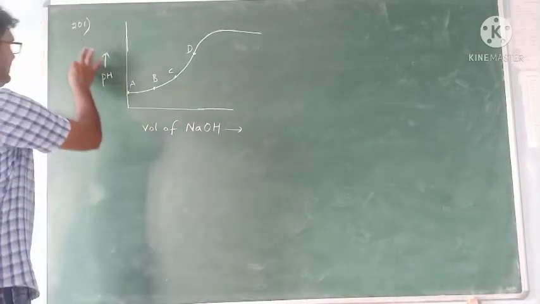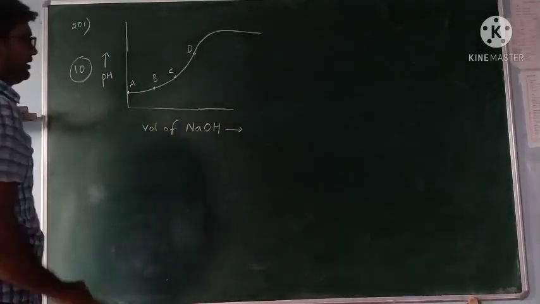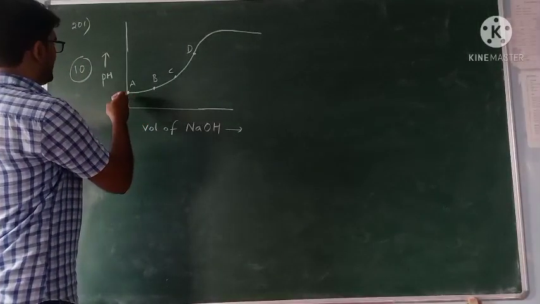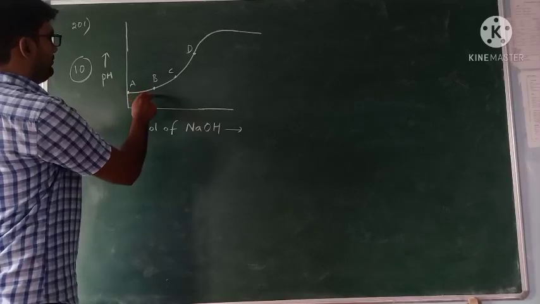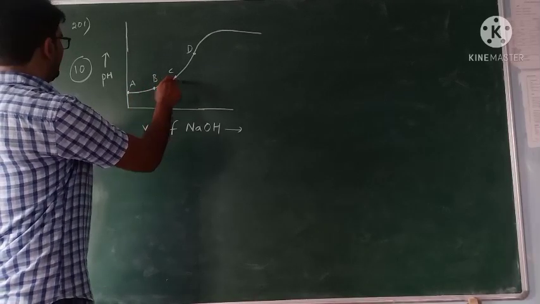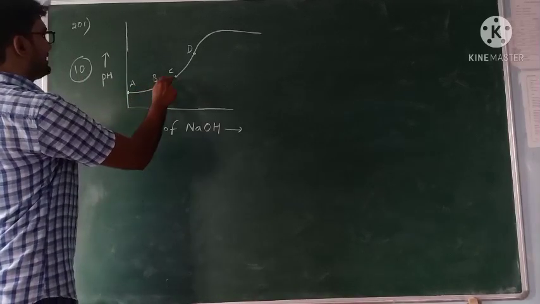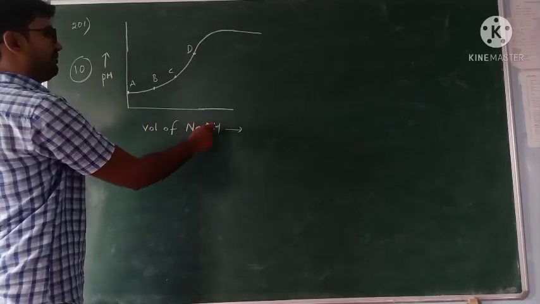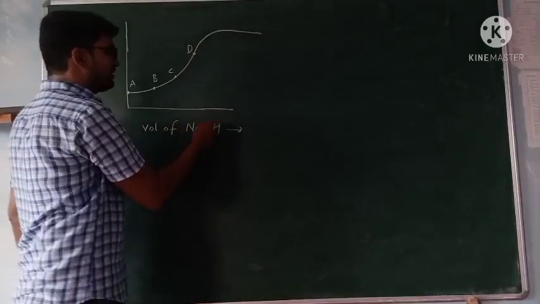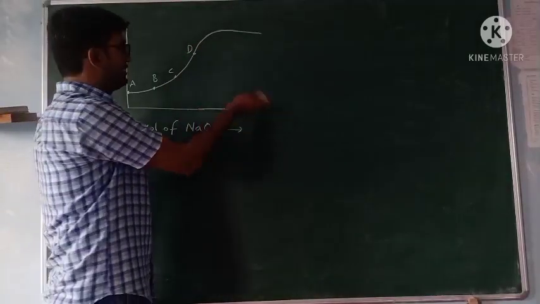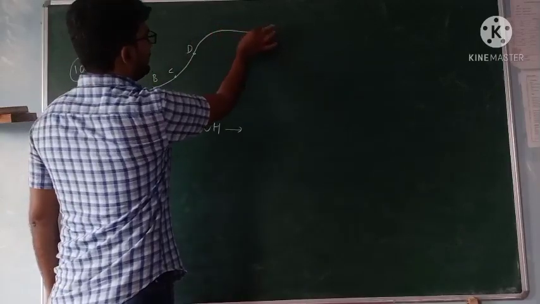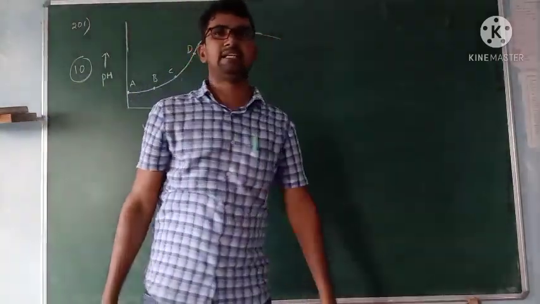For example, if 10 acid units are present and you add 10 base units, it is completed. After adding extra NaOH, there is no neutralization with the acid. That's why only the NaOH concentration increases.